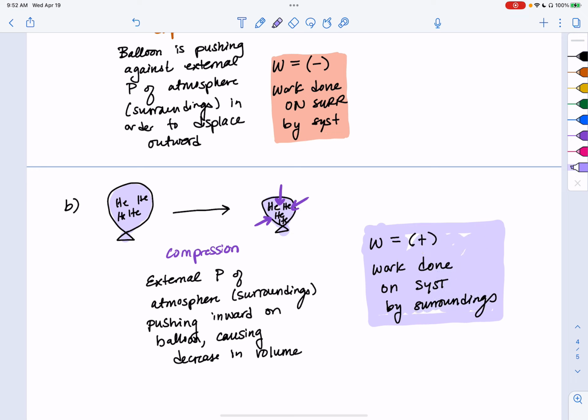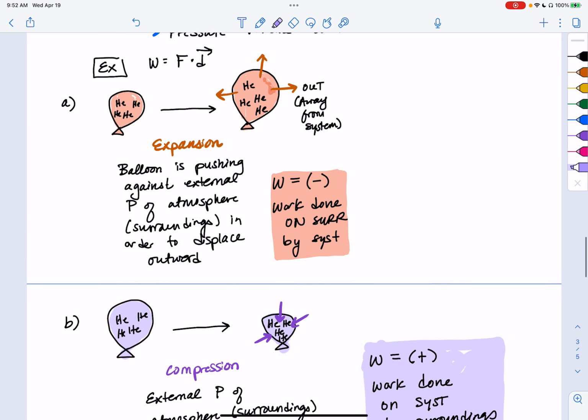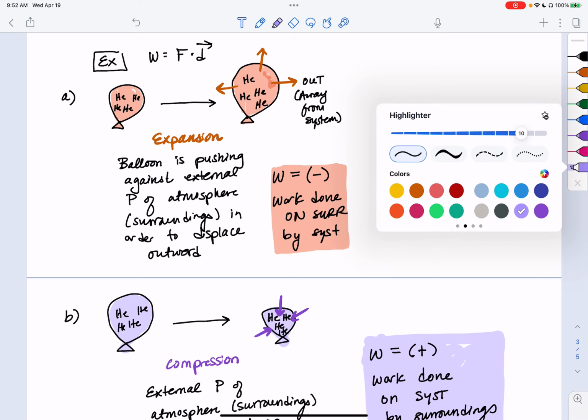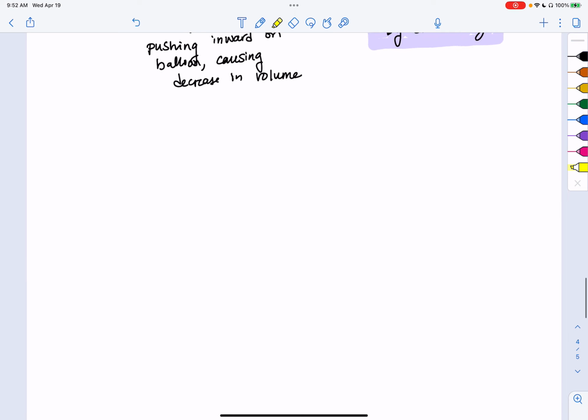So then what does that mean about how we can quantify pressure volume work? Like, how would we calculate it? Let's go back to the original physicsy definition of work: force applied over some distance.